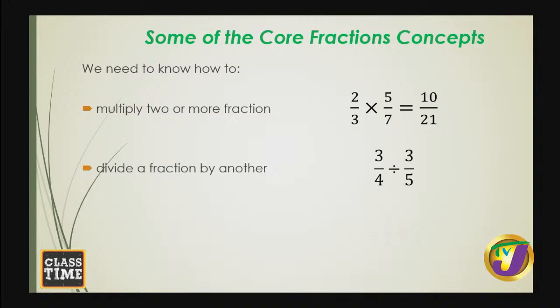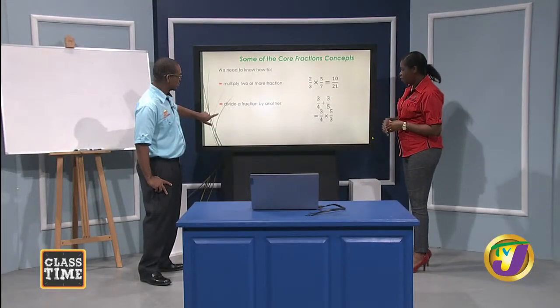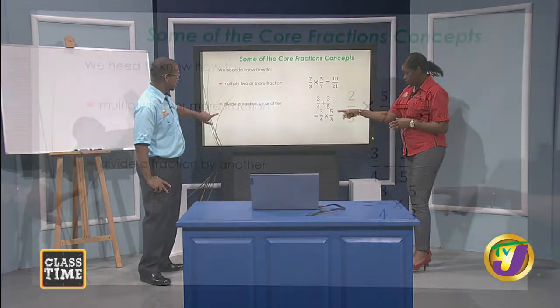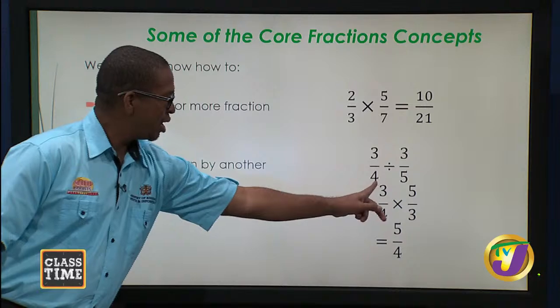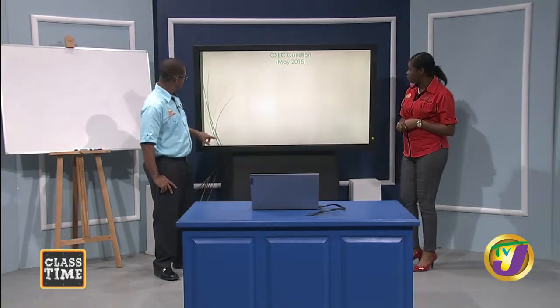So you multiply by the reciprocal of 3/5, which would be 5/3. And then we do the same thing as we did before. But in this case, we can simplify by dividing by 3.